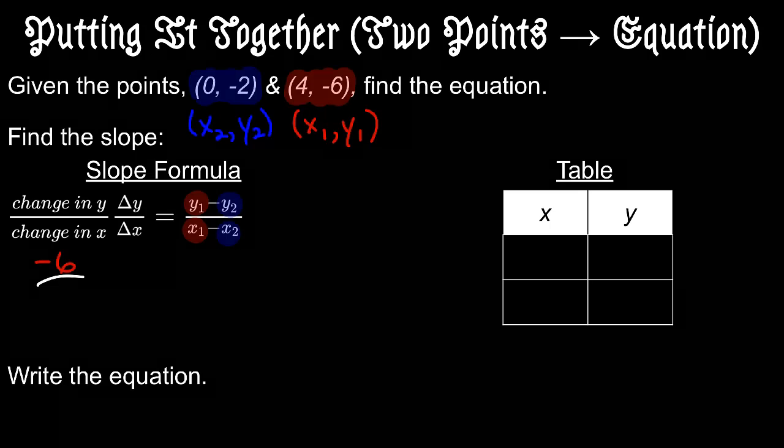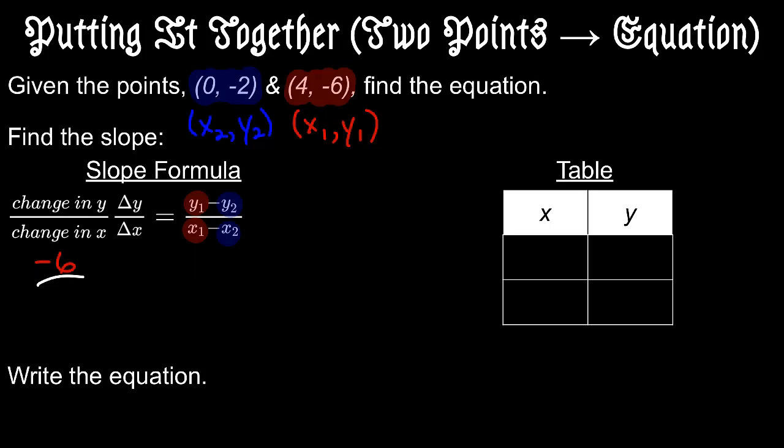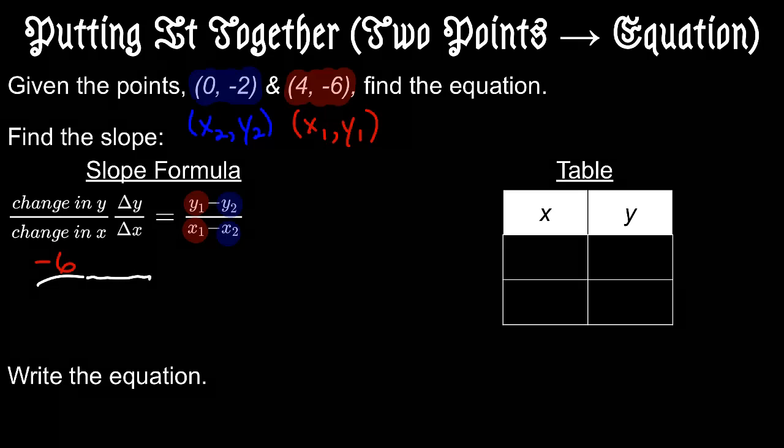excuse me, I'm getting everything all confused here. Y1 minus our y2, and because our y2 is a negative 2, I'm going to put that in parentheses because it would just look weird to do minus minus. It gets a little confusing. Our x1 is 4 minus x2 is 0.